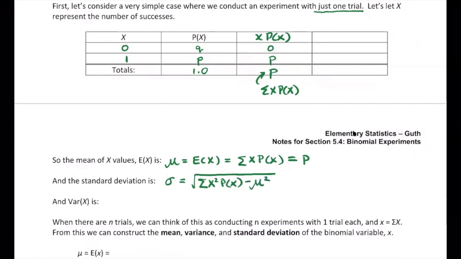So that's the formula we developed last time for the mean and the standard deviation of a probability distribution. All right, well, I have to do the sum of x squared p of x. So let's add an x squared p of x column to our table.